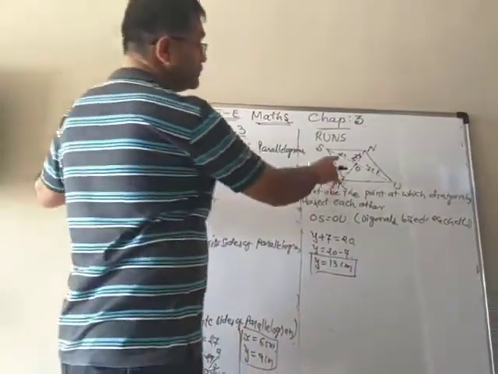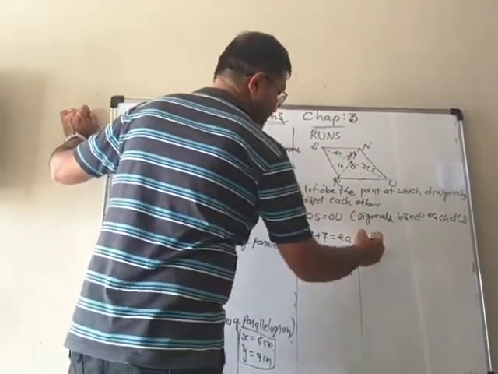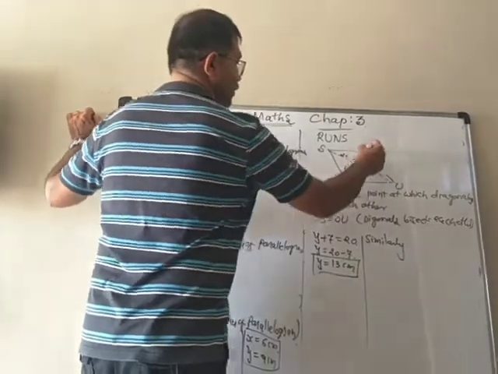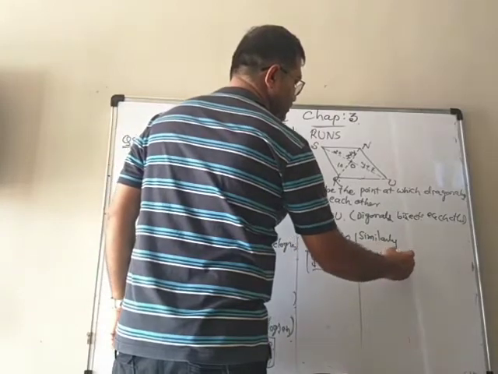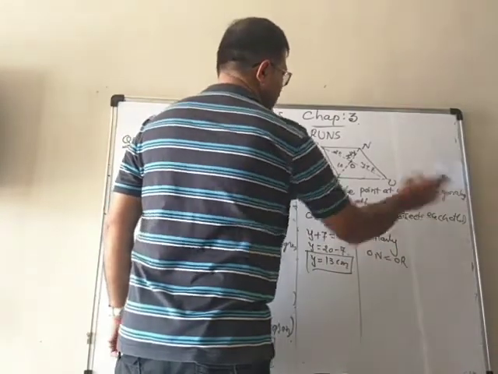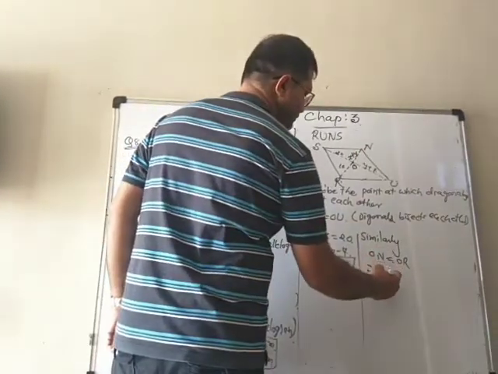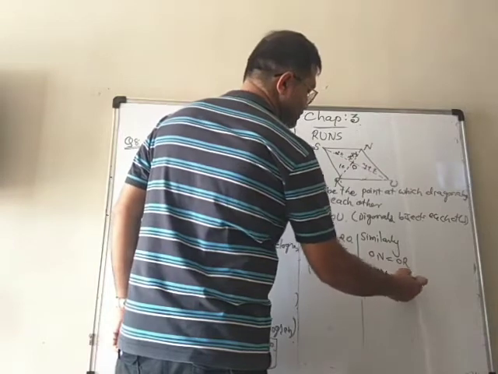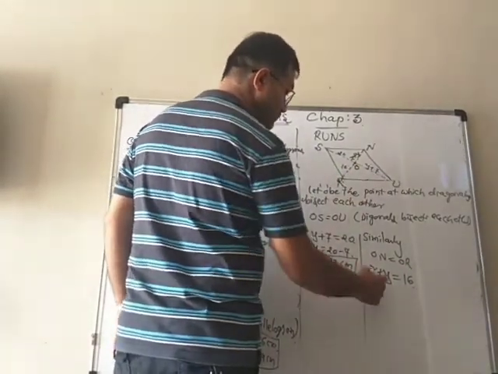And now the other part. Similarly, OL is equal to OR. We wrote down similarly, so we don't have to write down diagonal bisect. It means that x plus y is equal to 16. Now you know the value of y.